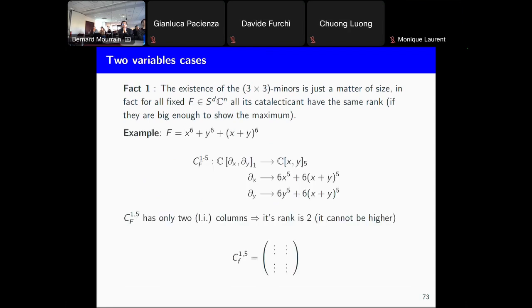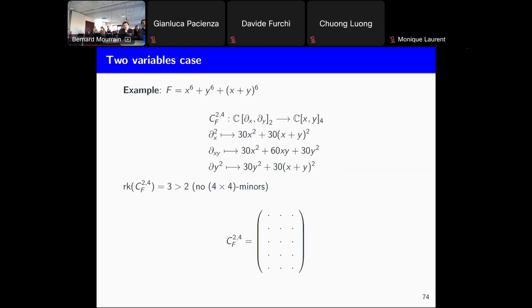This is another example. Now I take a polynomial of degree 6 in 3 variables, and this is the first catalecticant. Since I have 2 variables only, I cannot have more than 2 columns, and so whatever its rank, this catalecticant has size 2, and will have rank 2.